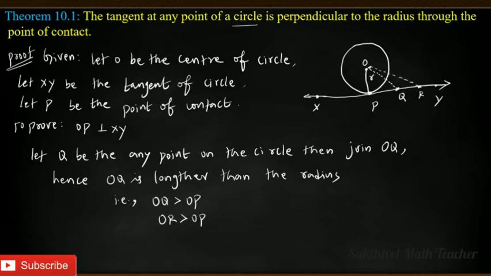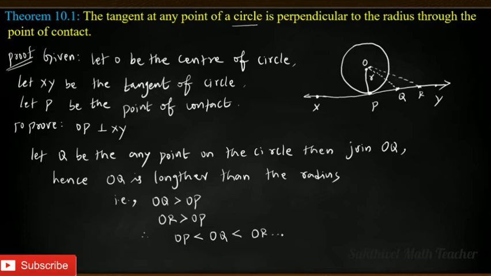So what I am trying to say here: which is the smallest length on the XY? Compared to OQ, OP is a small length. Like that, compared to OR, OP is the smaller length. So therefore, I can write now OP is small compared to OQ, and like that compared to OR.